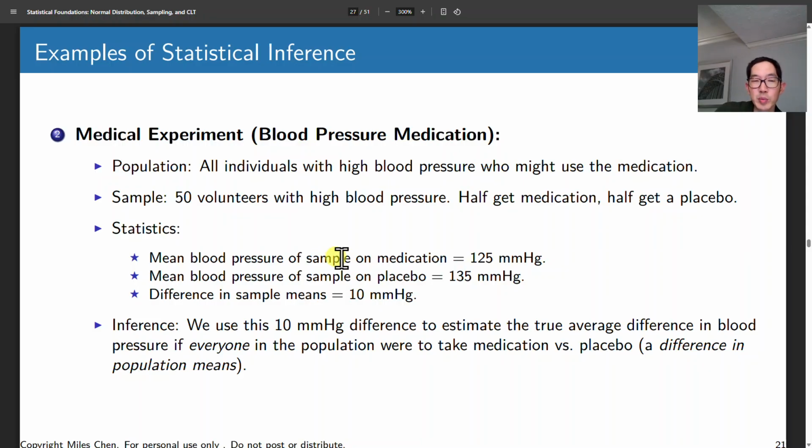The mean blood pressure of people who took the medication might be 125. That's a sample statistic. The mean blood pressure of people who got the placebo maybe is 135 for systolic blood pressure. So the difference between these means is 10 points. And the inference is that we're going to use this 10-point difference to estimate the true average difference in blood pressure if everyone in the population were to take medication versus placebo. So this would be the difference in population means.